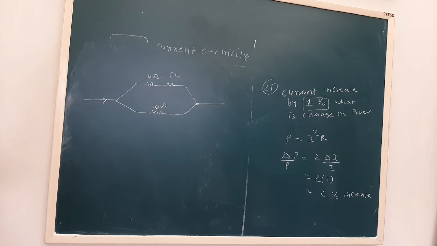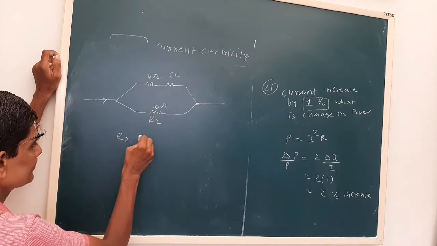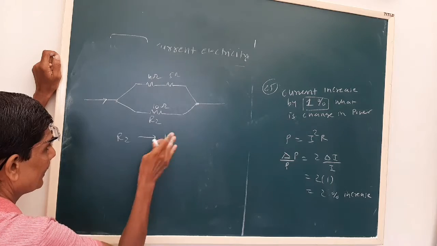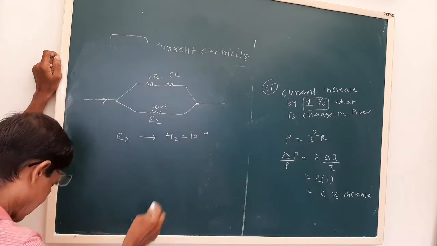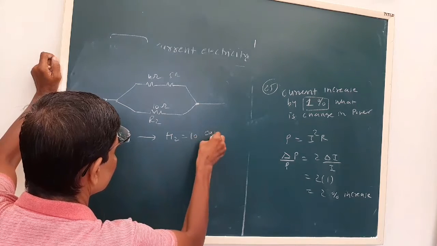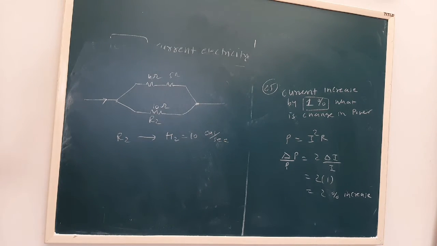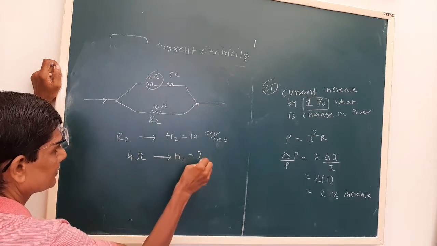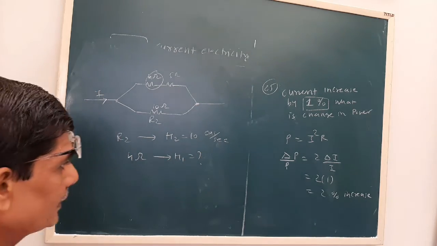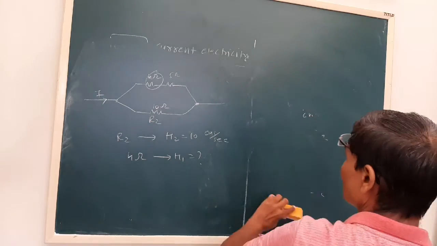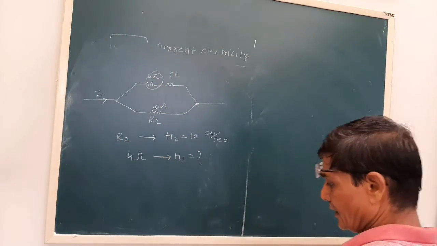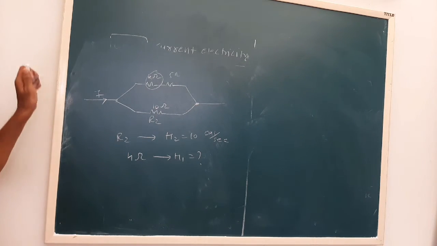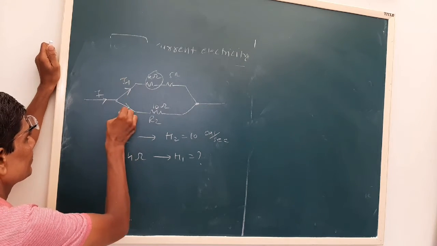See, the joule heat in 10 ohm resistance, let us say R2 is 10, H2, we can say 10 joule per second. Then what will be the heat produced in 4 ohm? Let us say it is H1. Now see, here current is I. This 4 ohm and 10 ohm are connected in parallel. The current is divided in the parallel, that we have seen here I1.